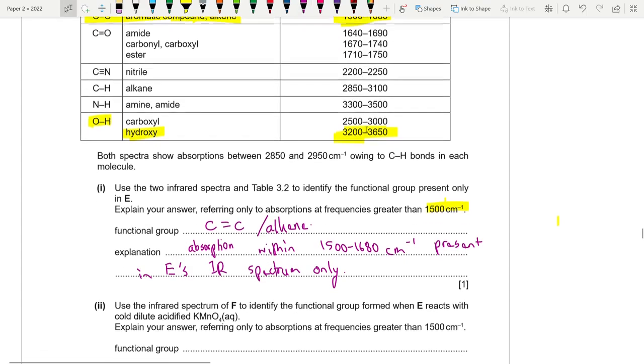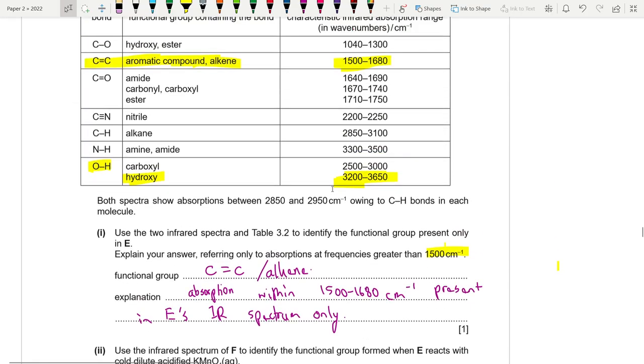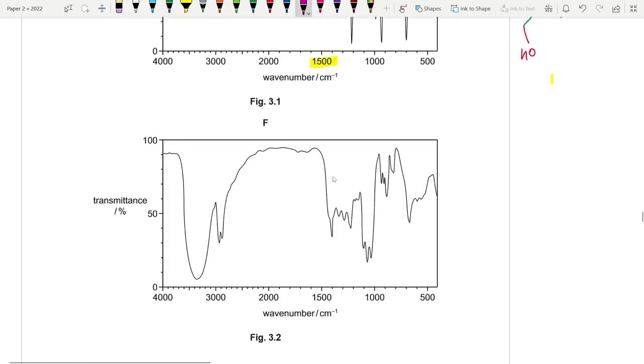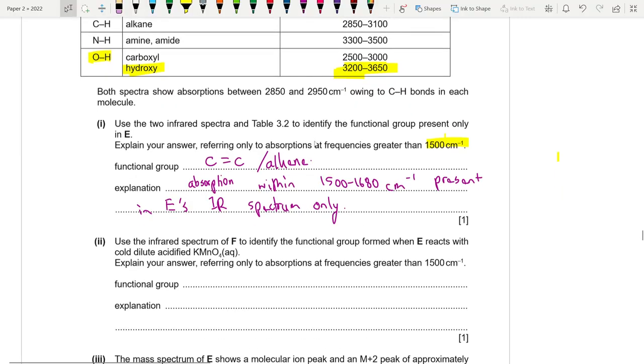Fine. Now about F, I just told you after KMnO4 we get the diol, right? So with the 3200 to 3650, this broad peak is for the hydroxyl group. So I'm just going to go for the functional group being hydroxyl or just alcohol.